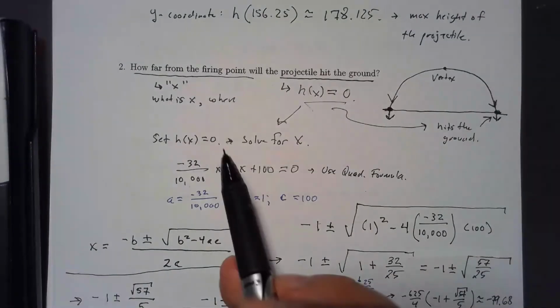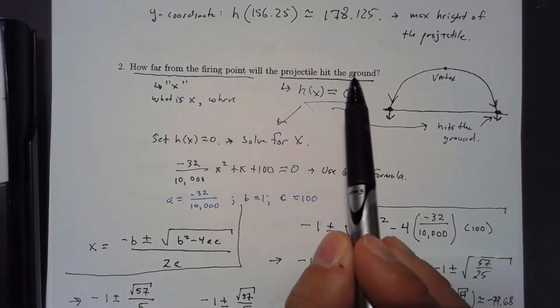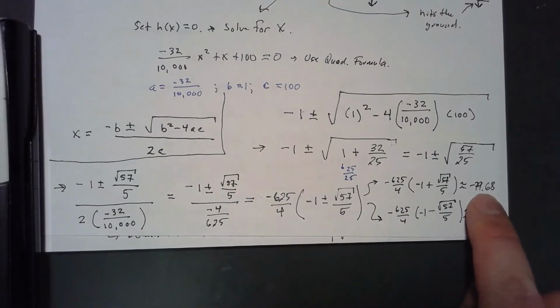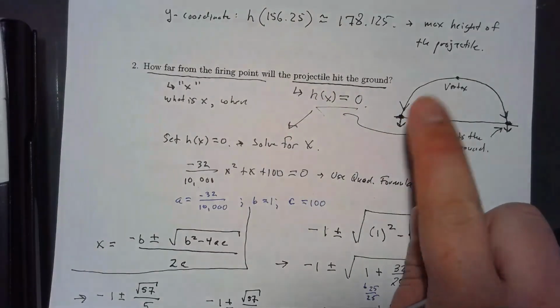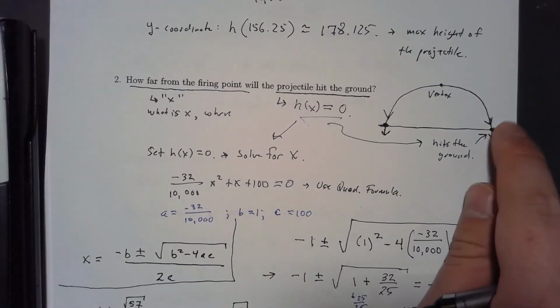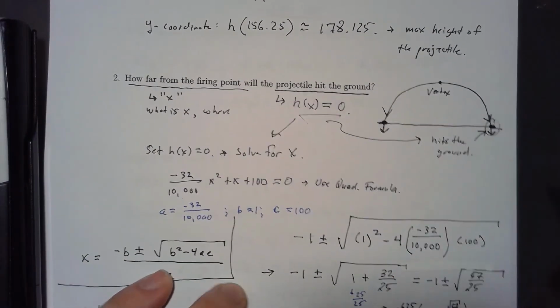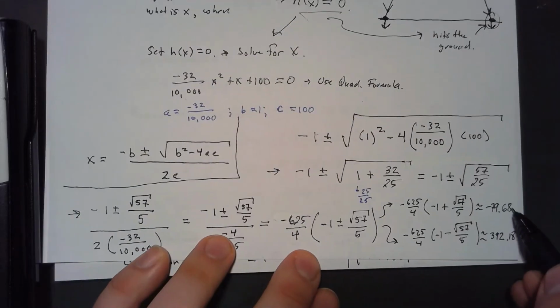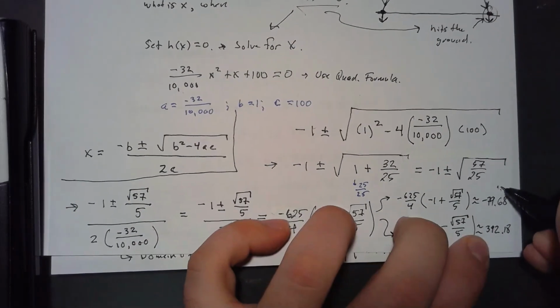So which one do you think I care about? Remember, we're trying to find how far from the firing point the projectile will hit the ground. So technically the negative 79.68 is right here, and the 392.18 is right here. This is the one I care about. I can't have a negative distance, so I don't care about that one.